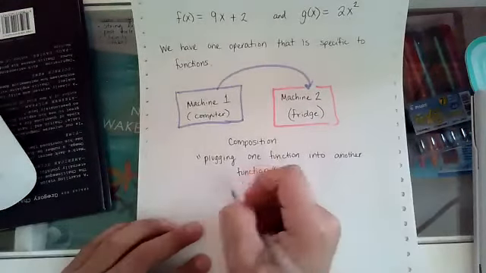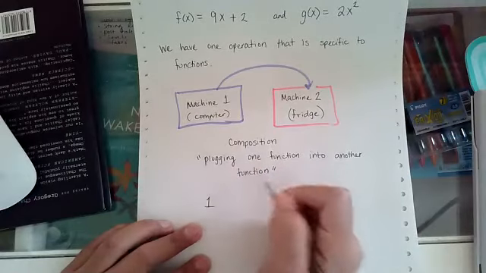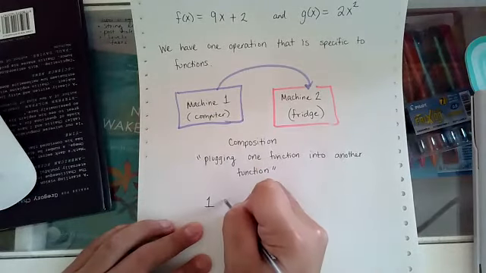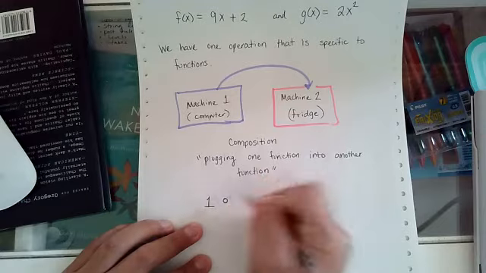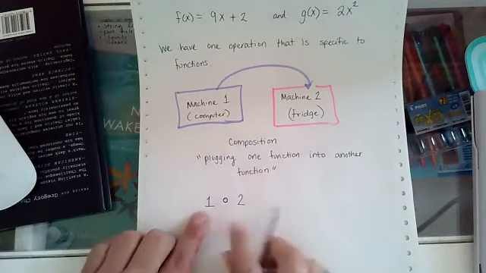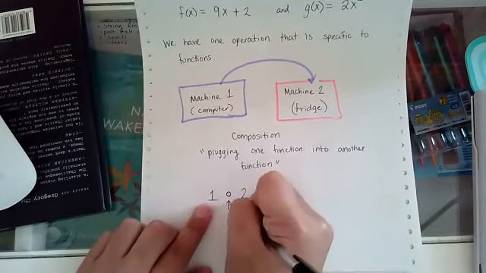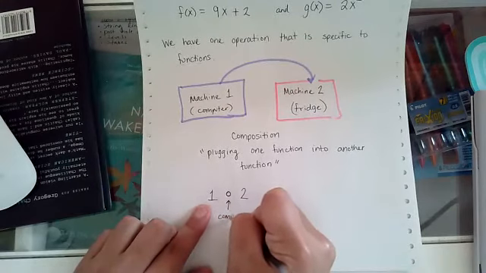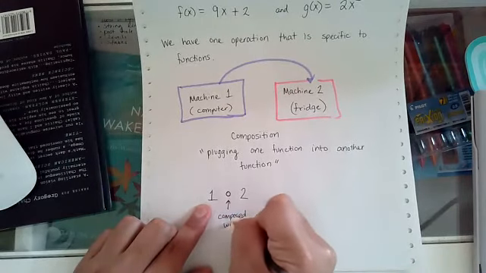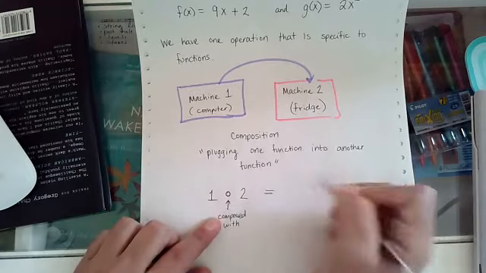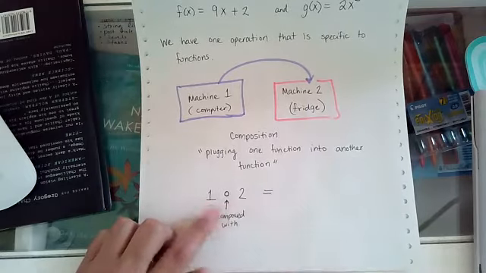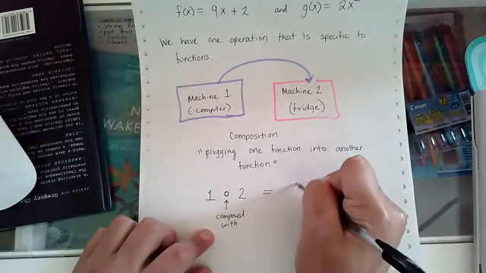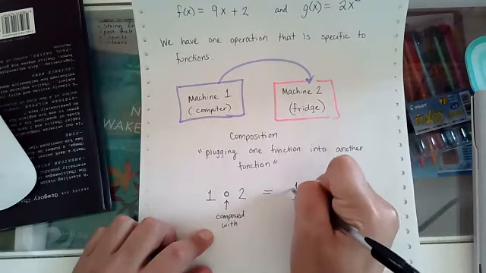But I can't say 1, and let me just make this symbol, I'm going to put an open circle here. I take 1, this little open symbol means composed with, and let's say I took these two things and created a new number, and I'm going to make the symbol look like this.